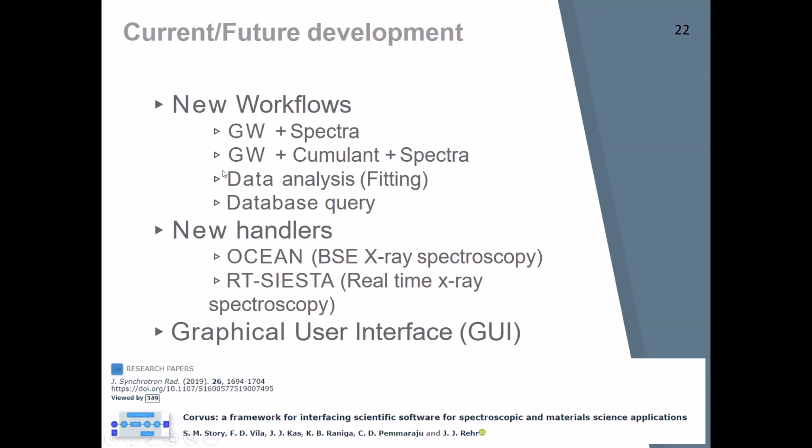And then, of course, data analysis, which I just showed. Other things that are not so related to scientific software, for example, are things like database query, where instead of calculating a property, you might look in different databases to get whatever property it is. And those could be experimental databases, or it could be things like the Materials Project, which have various properties.